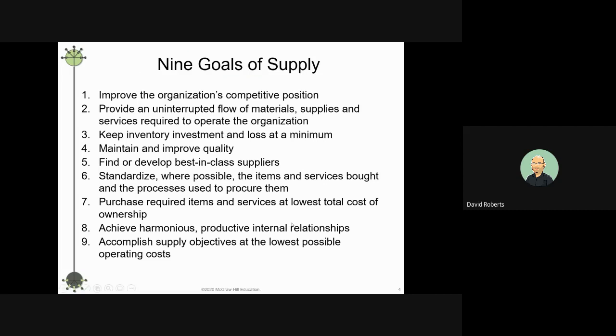Standardization of products, and last week we talked about reducing the number of suppliers. There's been a major shift in the automotive industry in the last 20 years toward standardizing items, using common components.